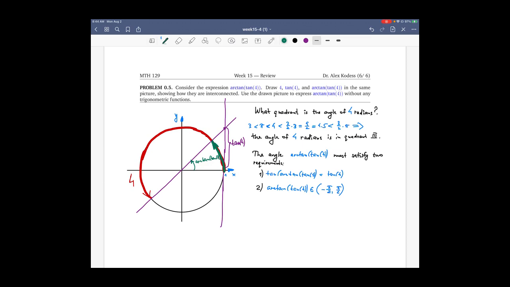And we immediately find that the difference between 4 and the desired angle arctangent of tangent 4 is half the revolution, pi.